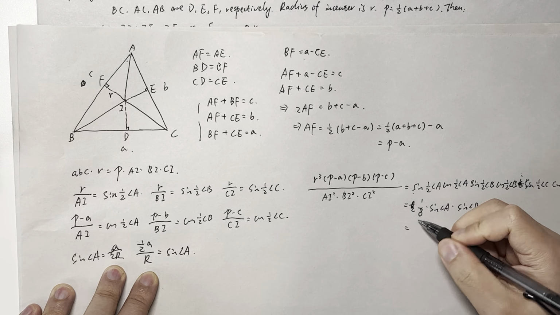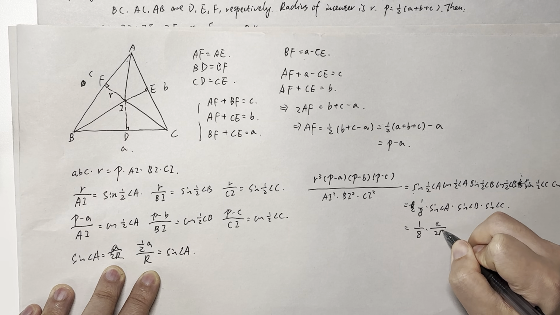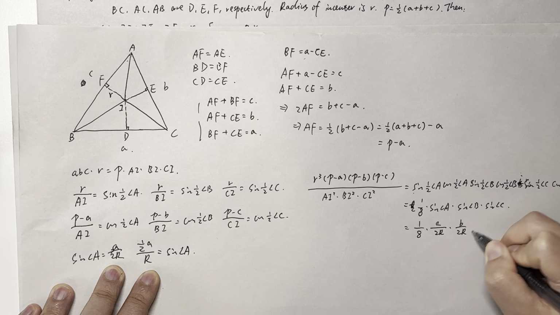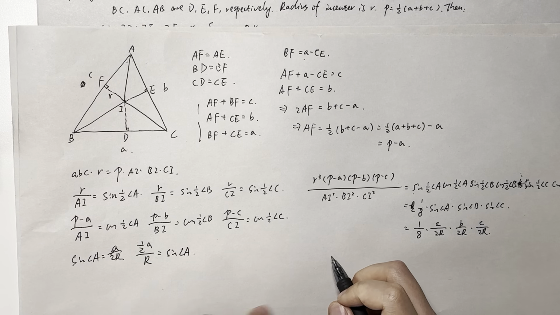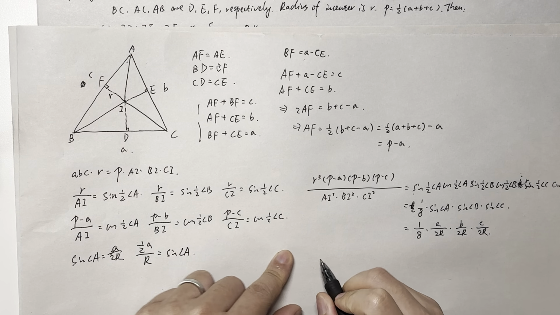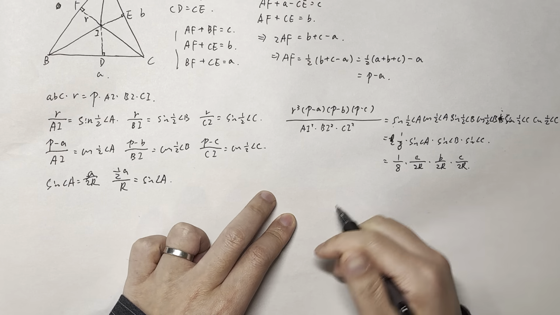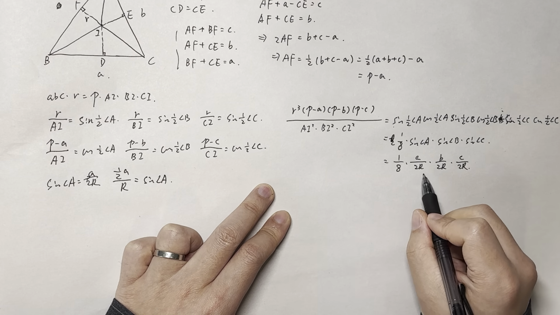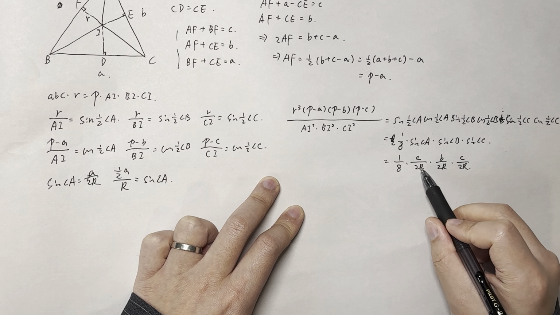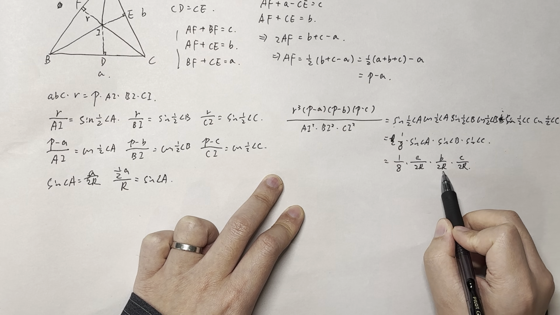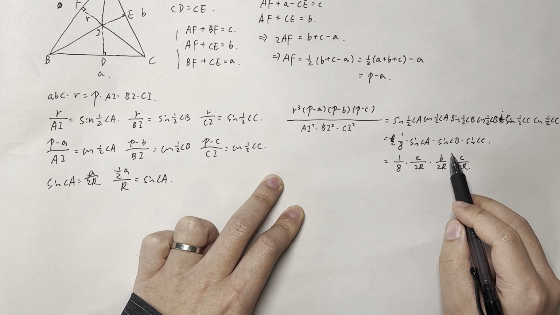So we can rewrite this as 1/8 times A over 2R times B over 2R, that's sine angle B, times C over 2R, that's sine angle C, which means we get this 2R times R, 2R times R here, 2R times another R here, and here is ABC, right?